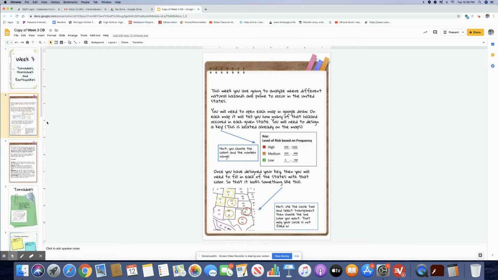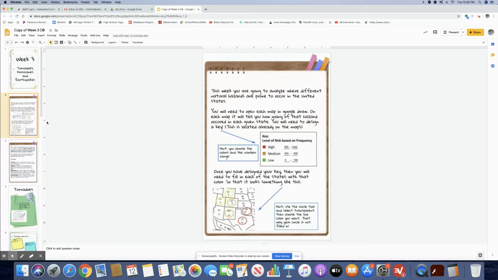Okay, now those figures you see there, 500 to 1,000, they're just an example. Look at the map first. Look for the one that occurs the most. Texas and Oklahoma, and Missouri, they seem to have the most.